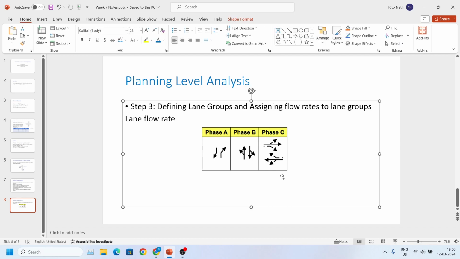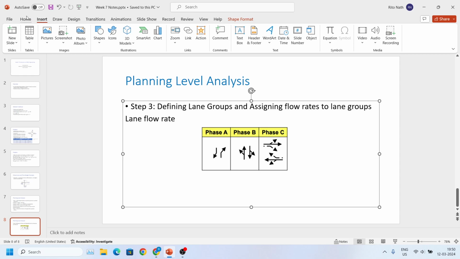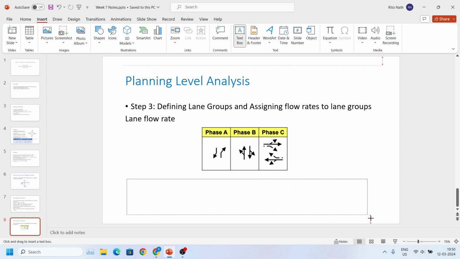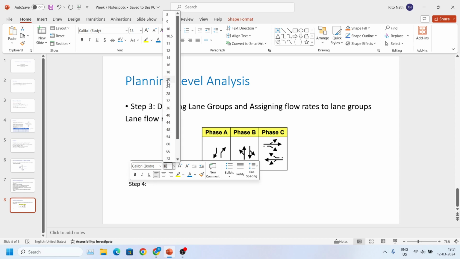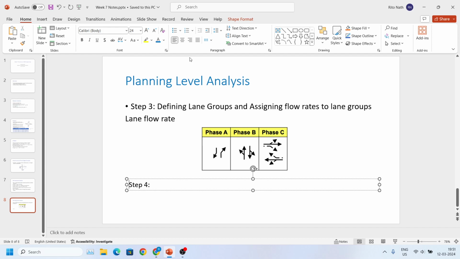So that's step 4, which is determining the critical lane groups.